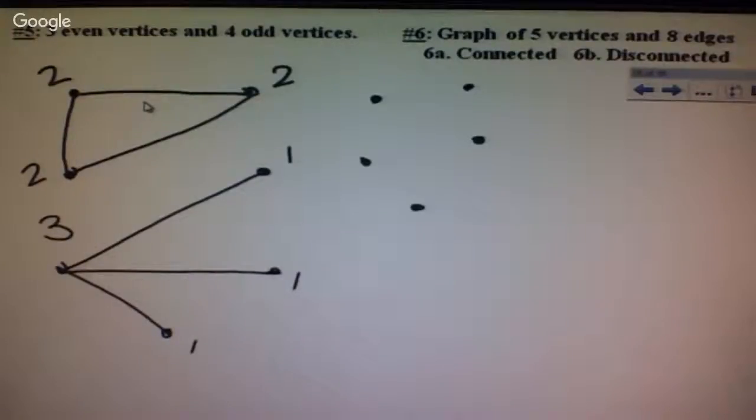That always makes it connected. So here's 1 edge, 2, 3, 4, and 5. I need a total of 8, so just add some extra lines then. 6, 7, 8. If you make it a circuit with all of your dots, it will always, always be connected.